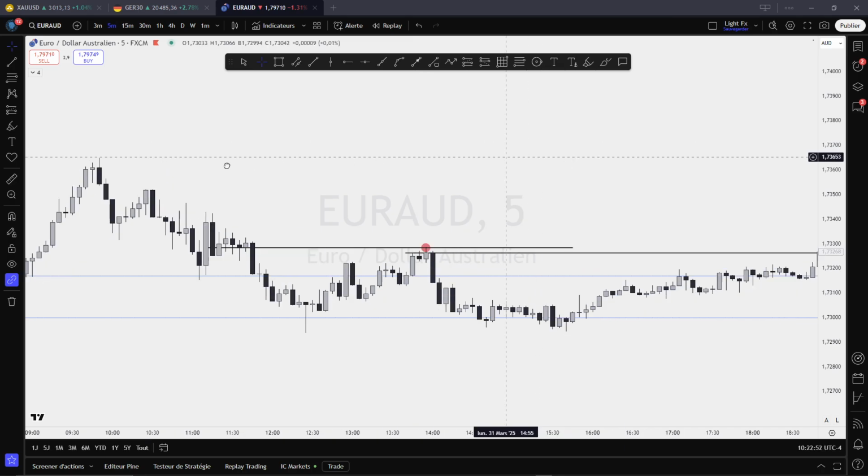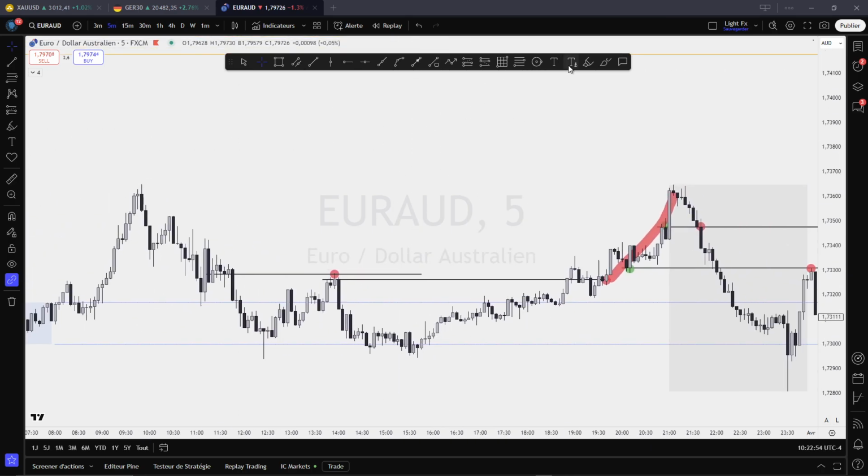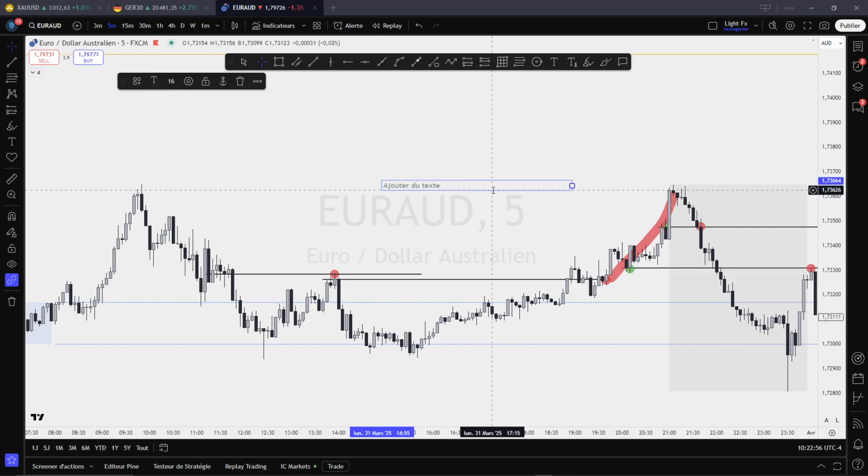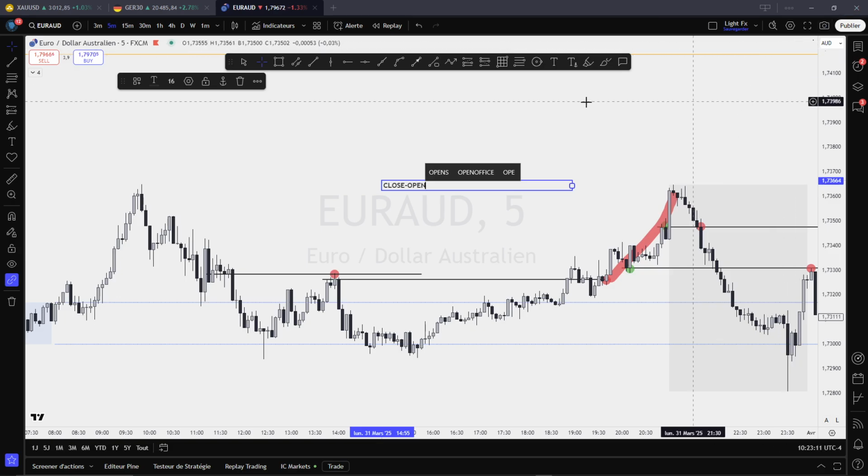Okay? So what I wanted to emphasize by showing you this is the levels that I mark are where the candle closes and immediately the other candle opens. So the next candle opens where the first candle closed.